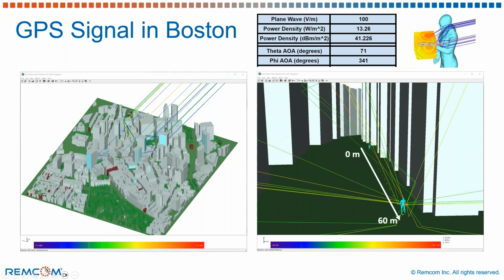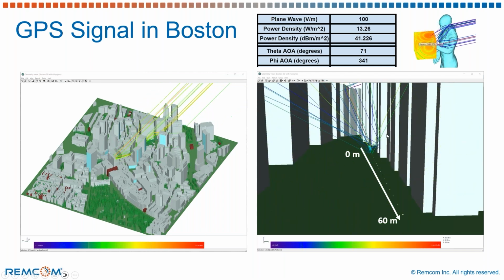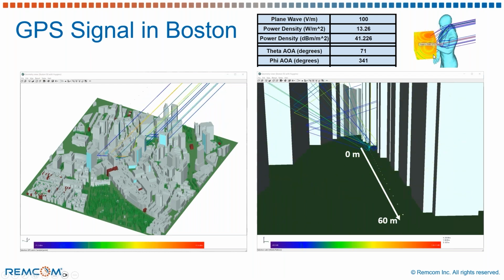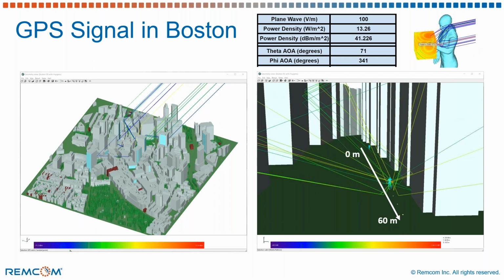You can see that on the left. And then how does that energy actually come and interact with the person as the person moves through the scene? You can see there's interactions with the body, and those paths that interact with the body are entering this Huygens surface from different angles, and that is then capturing the near field effect of those same rays that are moving through the city.